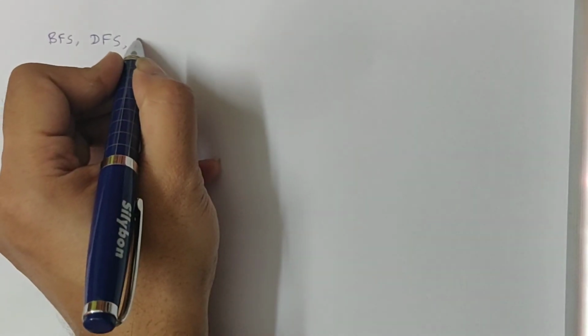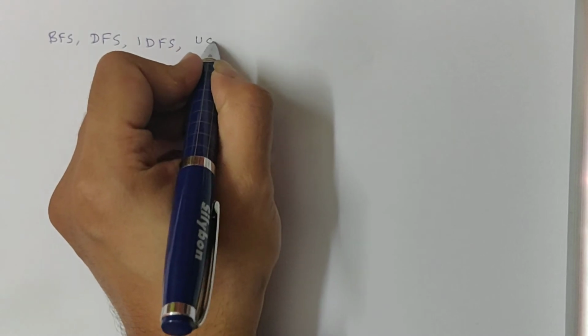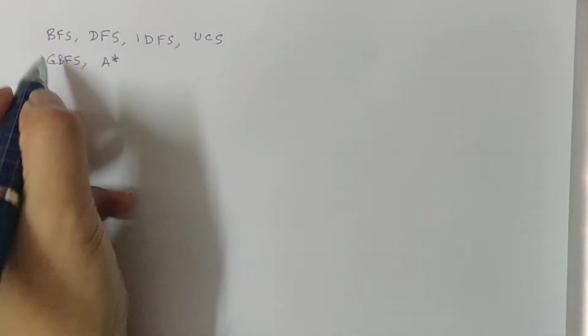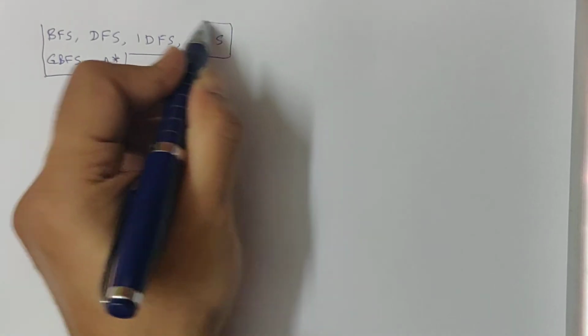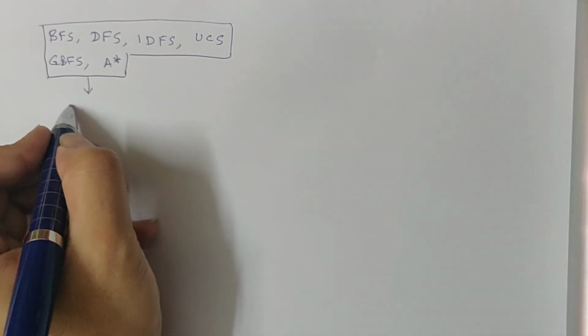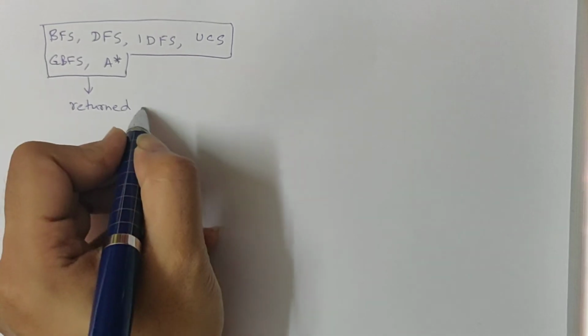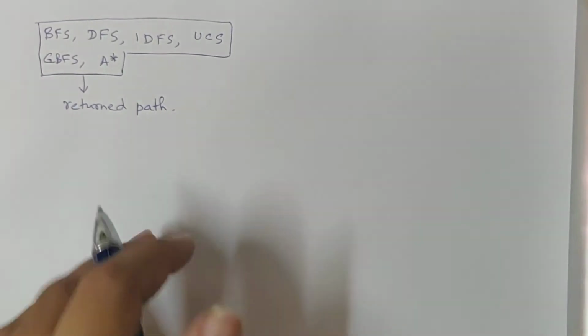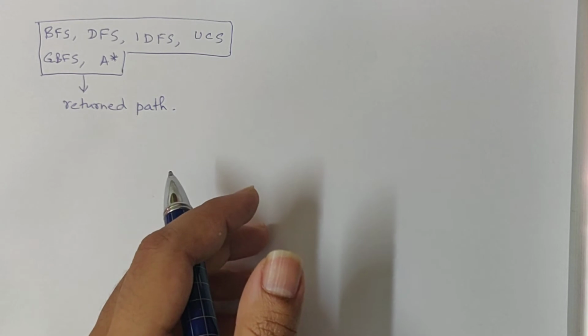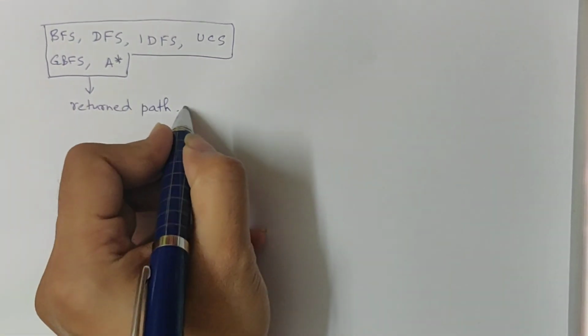In our early exploration of search algorithms, where we have studied uninformed search strategies like BFS, DFS, IDFS, UCS, GBFS, A star, in all those types of algorithms, if you have observed, we returned the path which gives me an optimal path to the goal.